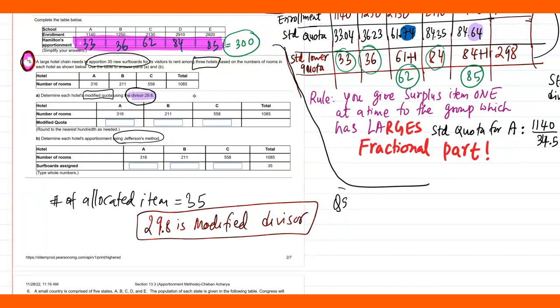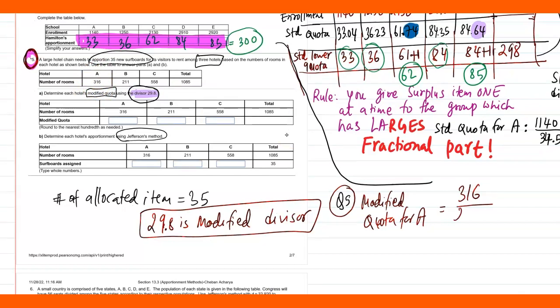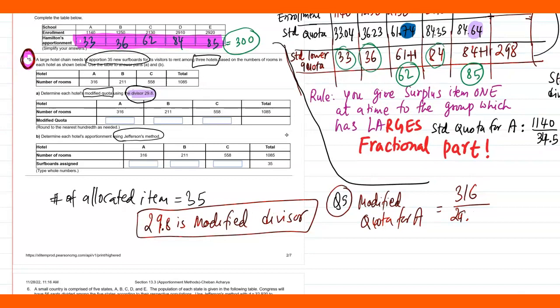For question number 5, modified quota for A. How do you do the same thing? You divide 316, the population of group A, hotel A, divided by 29.8.